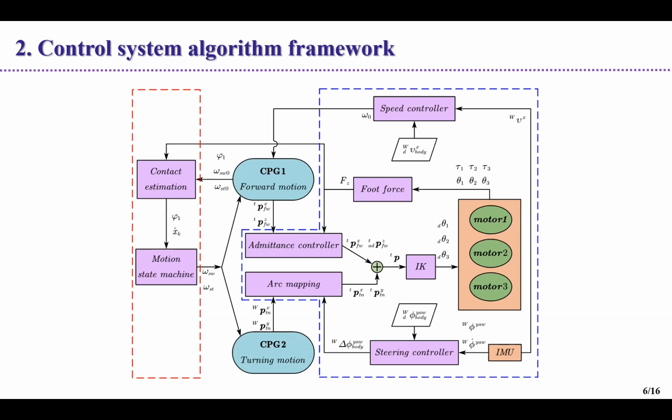The outputs of the four master oscillators are coupled to form a network to act as a gait planner. The purple rectangle box represents each submodule.